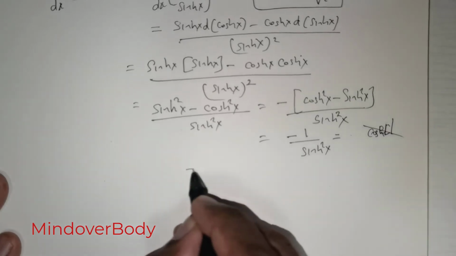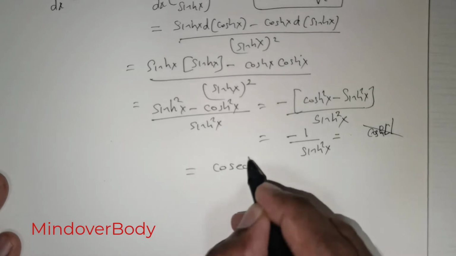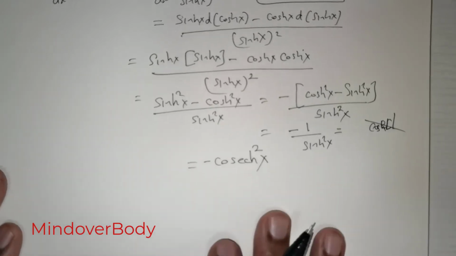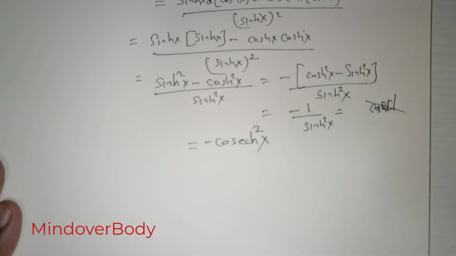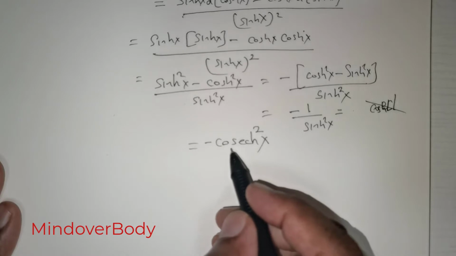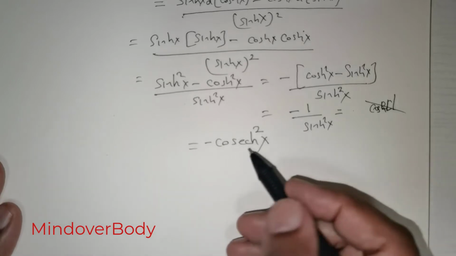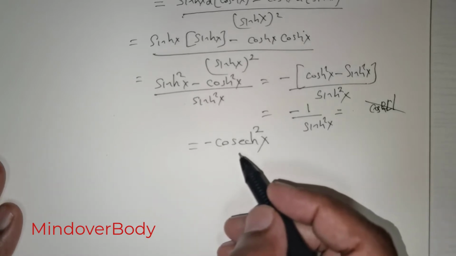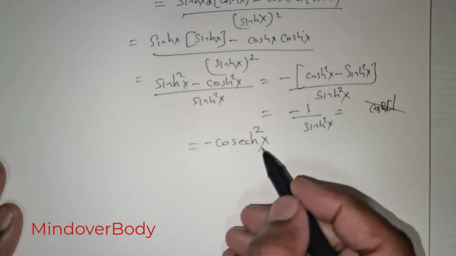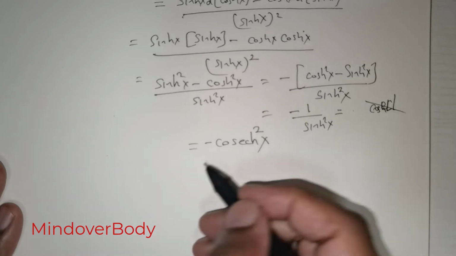So this is going to be cosecant squared x with a negative sign, right? So it's hyperbolic cosecant squared x, or depending upon your pronunciation, cosech squared x with a negative sign, it's fine.